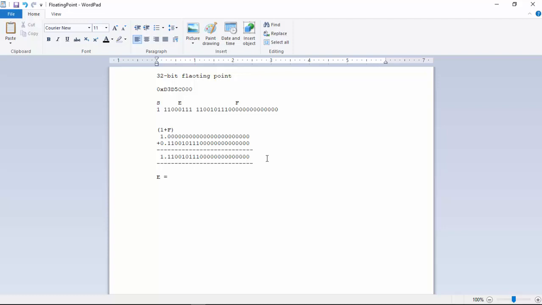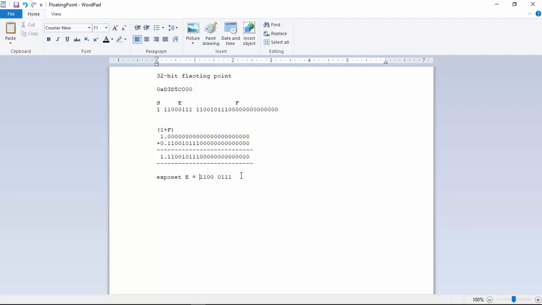Now the exponent E equals, this is an 8-bit unsigned value, which is basically 1 1 0 0 0 1 1 1, okay. So this is 1, 2, 4, 8, 16, 32, 64, 128.